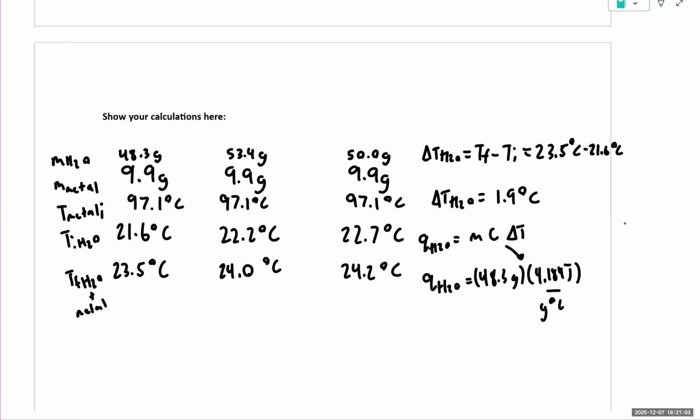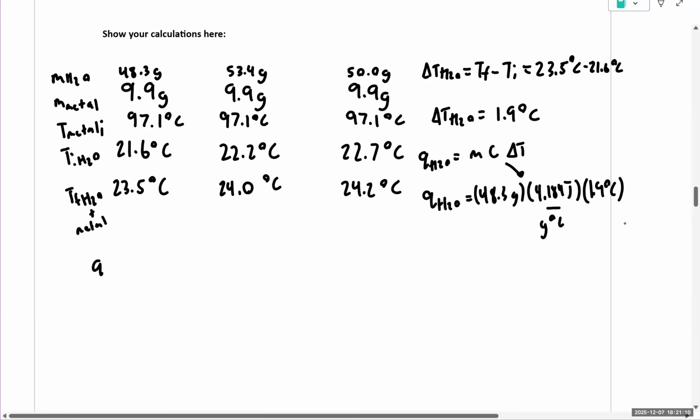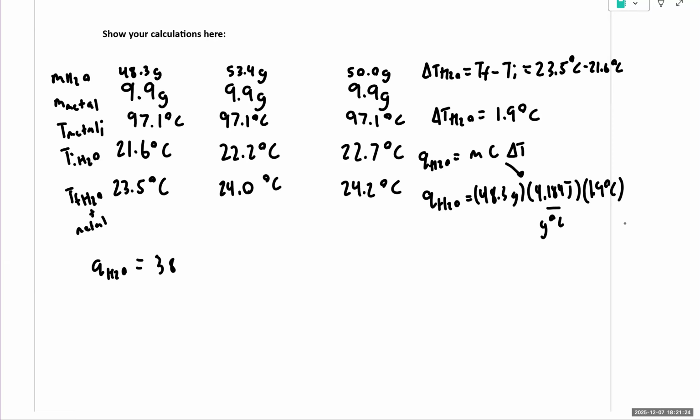This is the specific heat, and our delta T of water was 1.9 degrees Celsius. This gives us a Q water equal to 383.96 joules, because grams and degrees Celsius cancel.